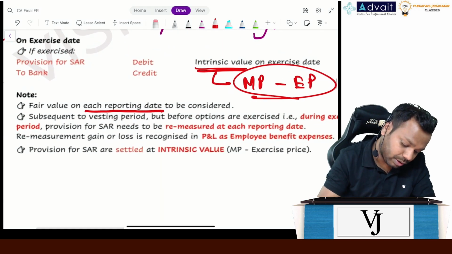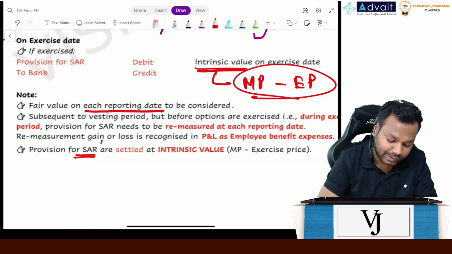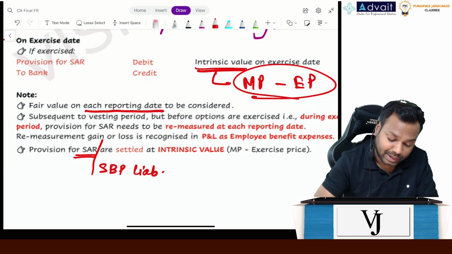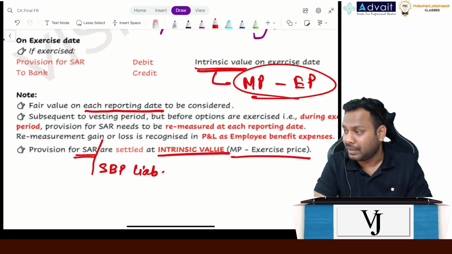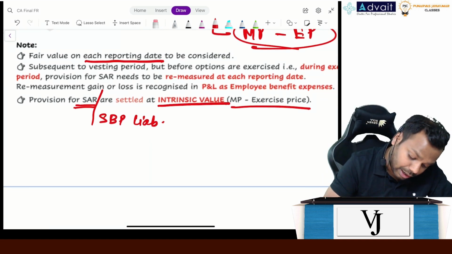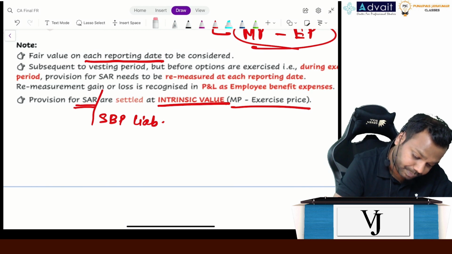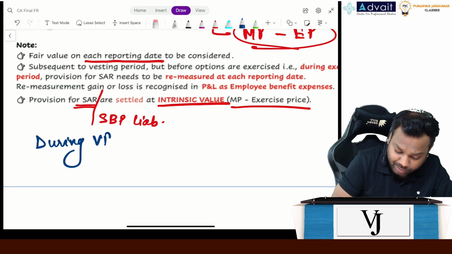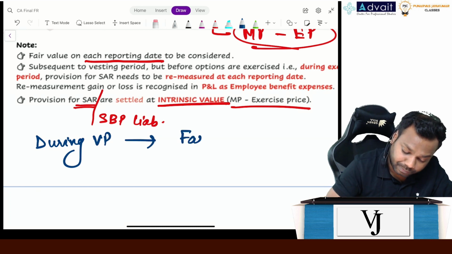Now, provision for SAR, that is stock appreciation rights, or you can say an SBP liability, is to be settled at intrinsic value, that is market price minus exercise price. So understand, during the vesting period, you will do the accounting as per fair value.